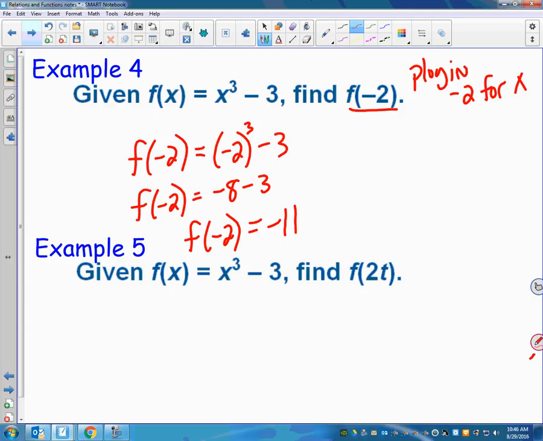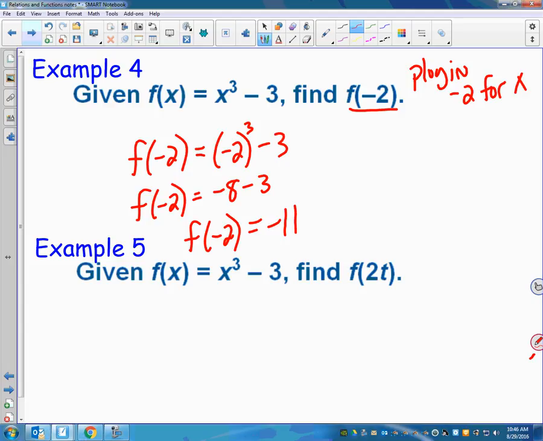One reason we like function notation in math is that this tells me when x is negative 2, the y value is negative 11. So it's like giving me a point on the graph. You could just say negative 11, and I'm okay with that, but I wanted you to see that when x is negative 2, y is negative 11. So that's what function notation gives us.